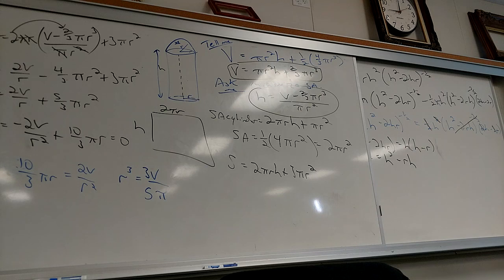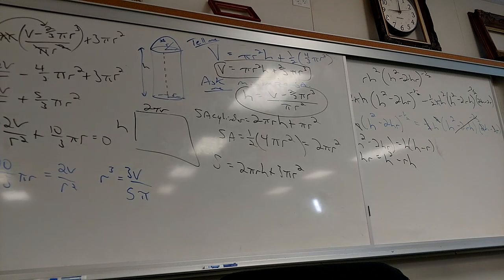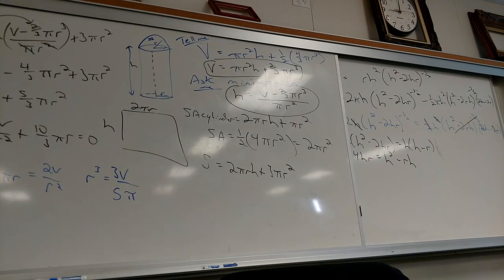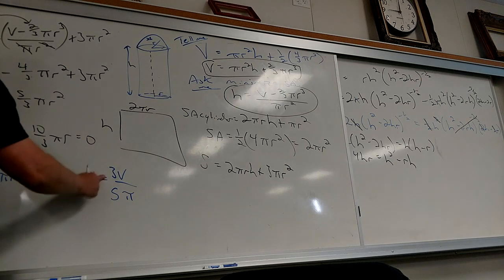Yeah, okay. So what you guys are getting? So you multiply the r squared up, you get r cubed. You divide the pi down, you divide the 10 down, multiply the 3 up. Yes? So then r is the cube root of that.